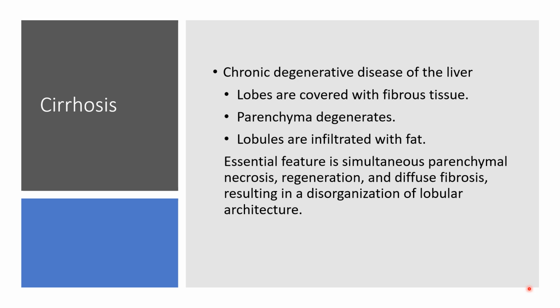So you get a disorganization of the lobular architecture as well. So you lose those nicely defined lobes of the liver, and you start to see a disruption of that. You'll start to see that some of the liver overgrows itself and other parts start to degenerate.